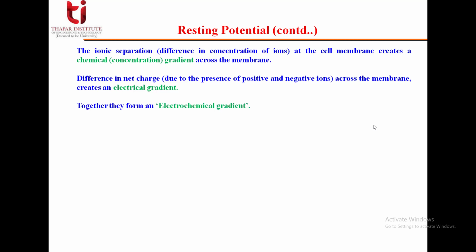Together, the concentration gradient, or chemical gradient, and the electrical gradient, which is due to the difference in net charge, form an electrochemical gradient. And this difference in total charge inside and outside the cell creates a membrane potential.